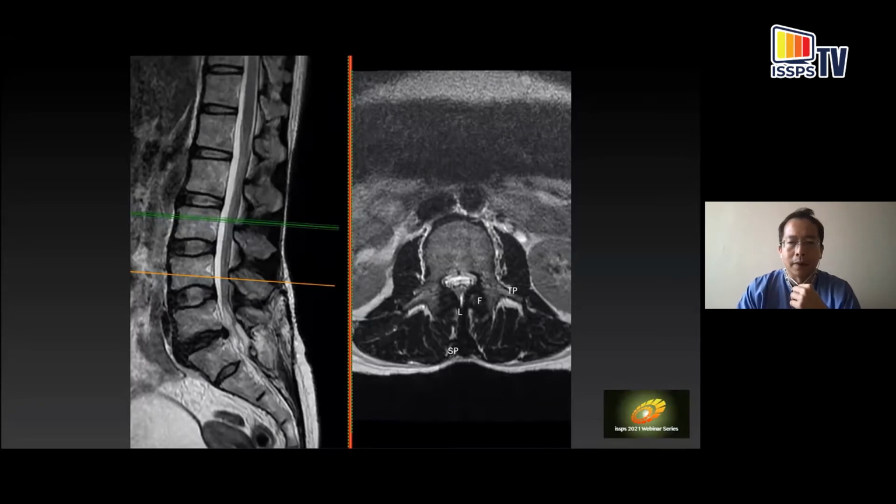But here's the tip of the spinous process. And you come down, you can see that whole dark unit of the ligamentous unit, the interspinous ligaments flowing down into the ligamentum flavum on both sides, the two beautiful thick limbs of the ligamentum flavum. And then the facet joints, the top of the facet joints just emerging, and the transverse process over here.